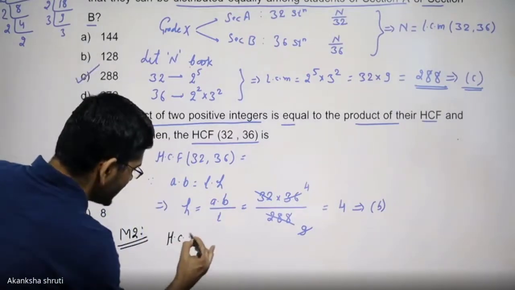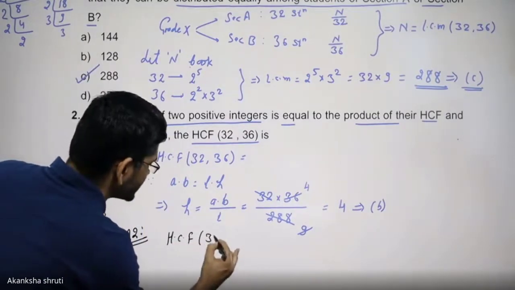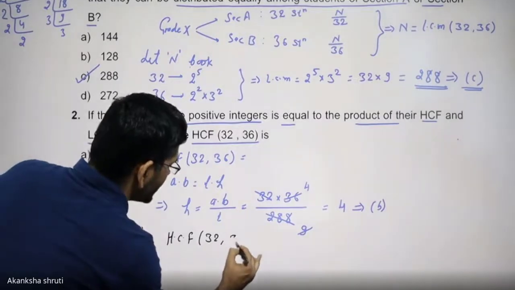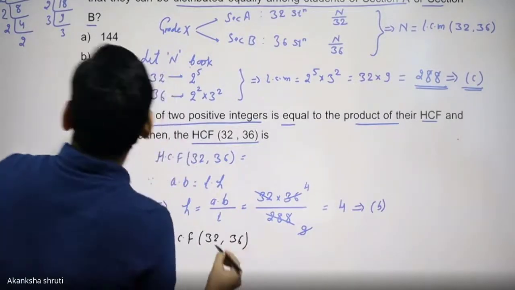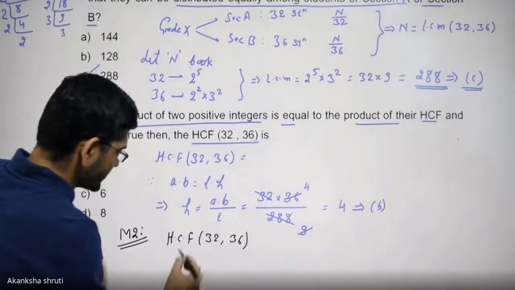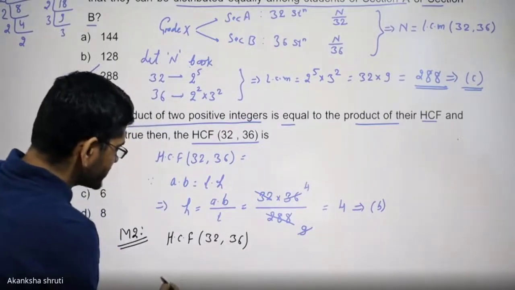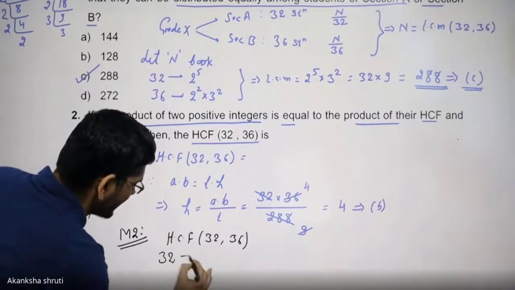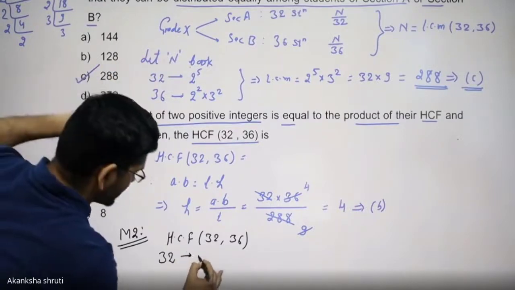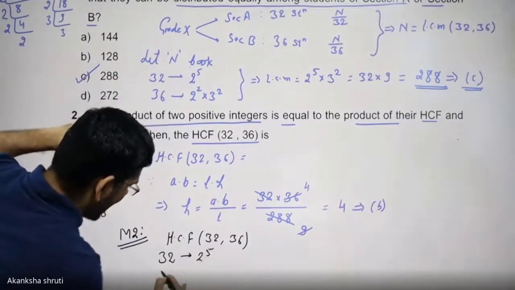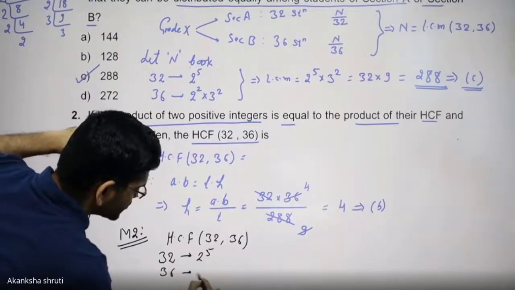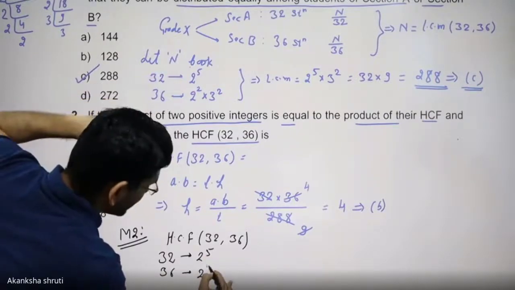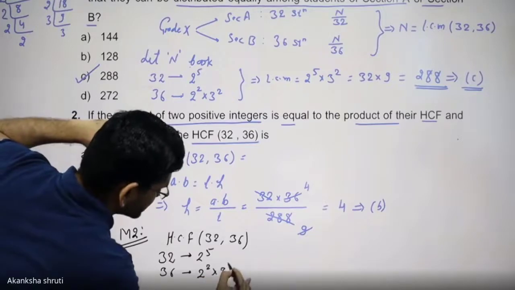This HCF can be calculated by taking their prime factors and applying the formula for the HCF. So let us go for the prime factorization of 32. Just as we have written, 32 is 2 to the power 5 and 36 is 2 square into 3 square.